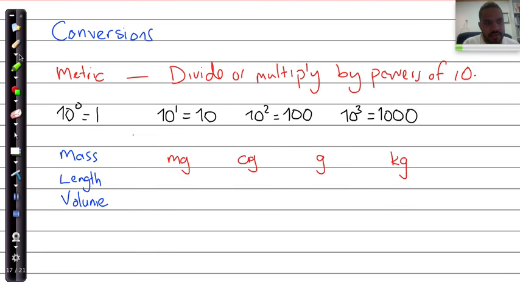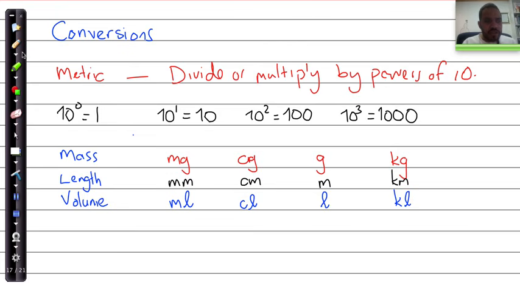Similarly with length, we get kilometers, which is km, then meters, then centimeters, and then millimeters. And then volume, once again we speak about kiloliters, and then we get liters, then centiliters, and then milliliters, right?